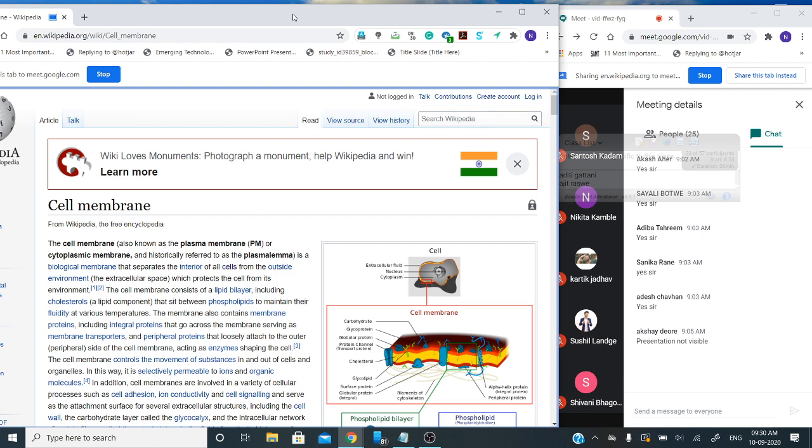Now that means this process is happening, and that preciseness, that selectivity, is present with the genetic structure. The gene will guide all these things: what kind of carbohydrate, what kind of protein, what kind of lipids should be present. Anything that goes wrong will make an impact on the function or structure of the cell.